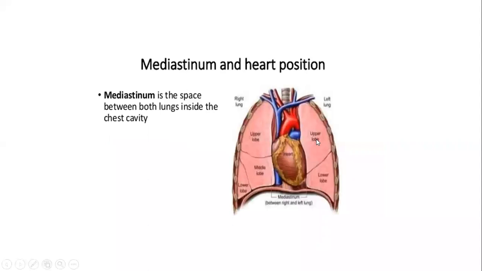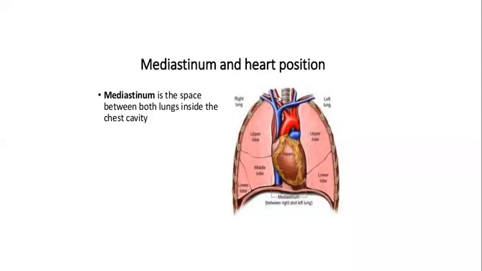These are the two lungs on the right and left sides. Here in this cross section, the front of the thoracic wall along with the sternum has been removed, so that now you are looking at the thoracic cavity from inside. The front of the thoracic wall has been removed along with the sternum in the anterior midline.